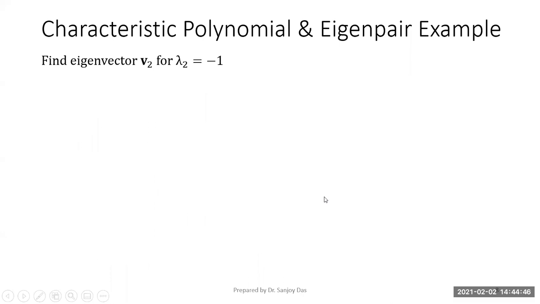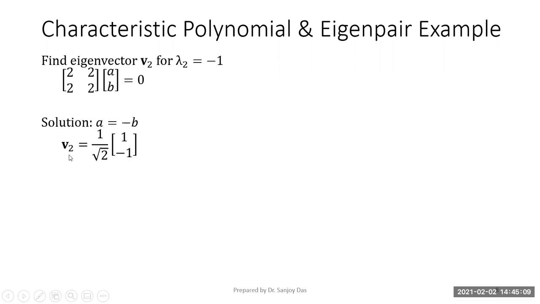Now let's go to lambda 2 equals negative 1 and find that eigenvector V2. This is what we have to solve: 2, 2, 2, 2 times (A, B) equals 0, where V2 is (A, B). And the solution is A equals negative B. So our normalized eigenvector V2 is 1 over square root of 2 times (1, -1).